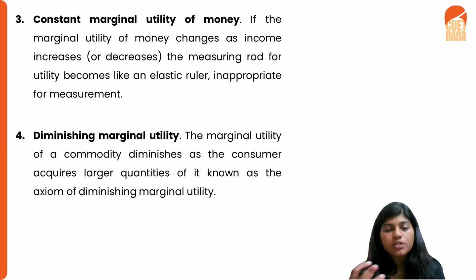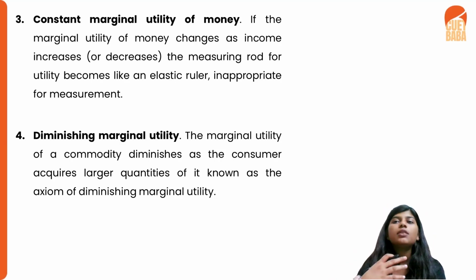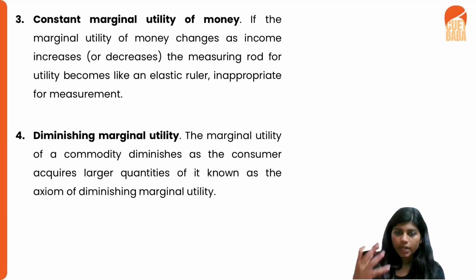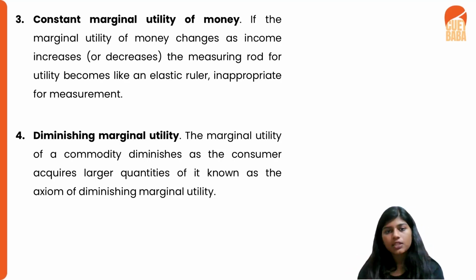So based on the economists' theory, there is diminishing marginal utility, which means as I consume one additional unit, the satisfaction keeps on reducing. That is diminishing marginal utility, which states that the marginal utility of a commodity diminishes as the consumer acquires larger quantities of it, known as the axiom of diminishing marginal utility.